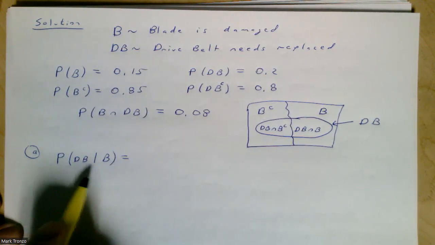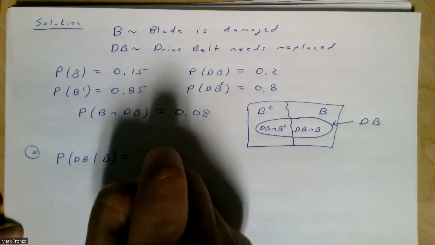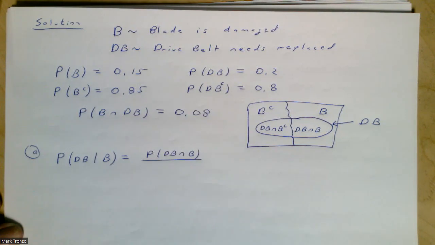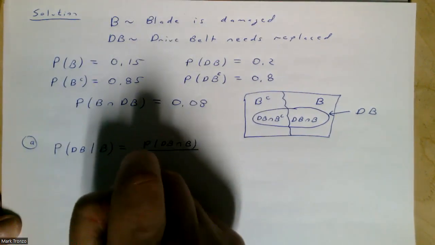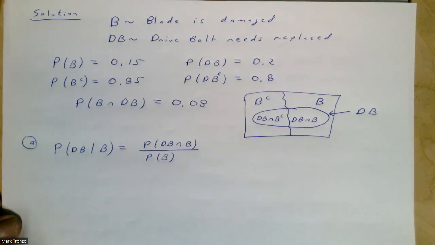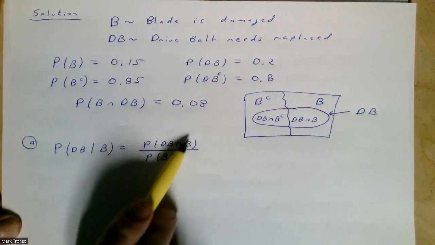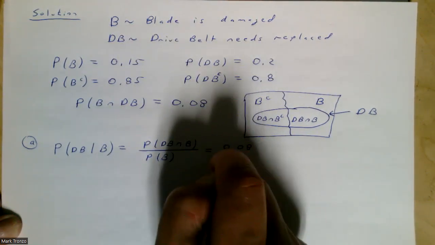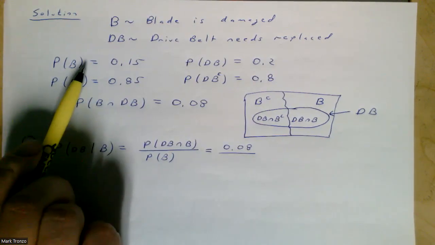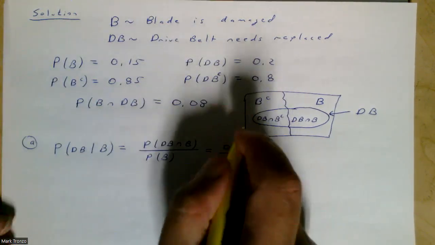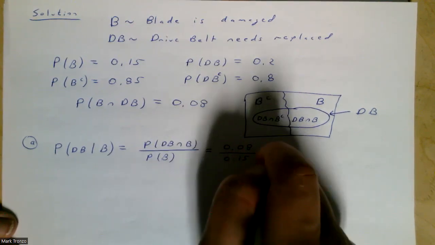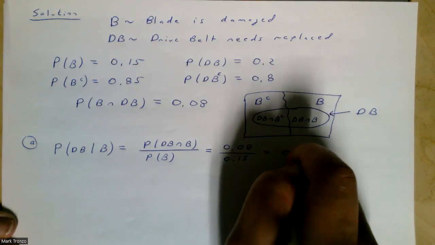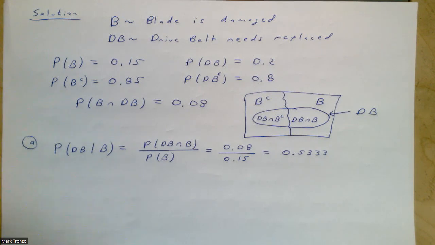Remember, it's always the intersection of these two, divided by the probability of this one. Now, these numbers we have all been given, don't we? This is 0.08, and this is 0.15. That gives 0.533, like that.